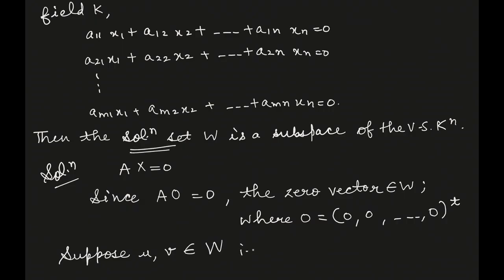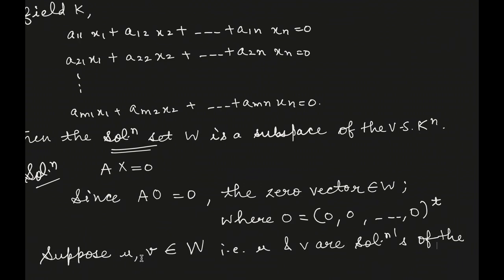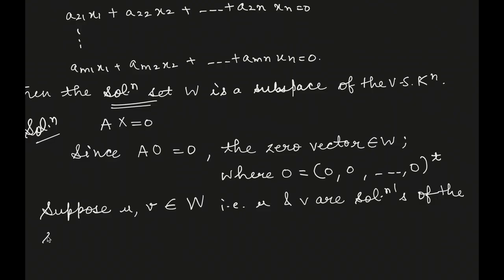Means u and v are solutions of the system. So as they are solutions of the system, they will satisfy AU equal to 0 and AV equal to 0.